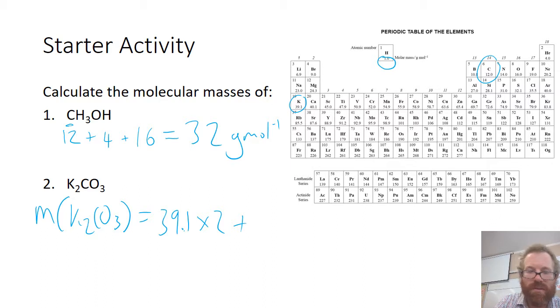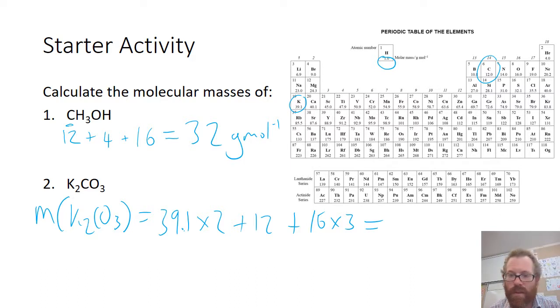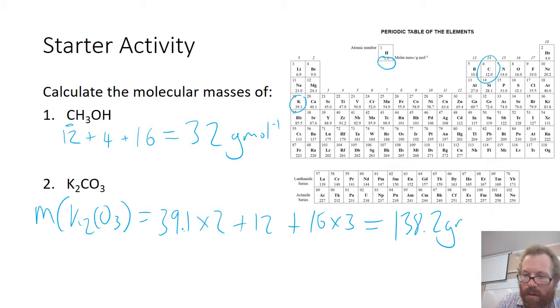So 39.1 times 2 plus 12 plus 16 times 3, and if we add this all together on our calculators, we will get to 138.2 grams per mole. Right, so it's a reminder from yesterday.